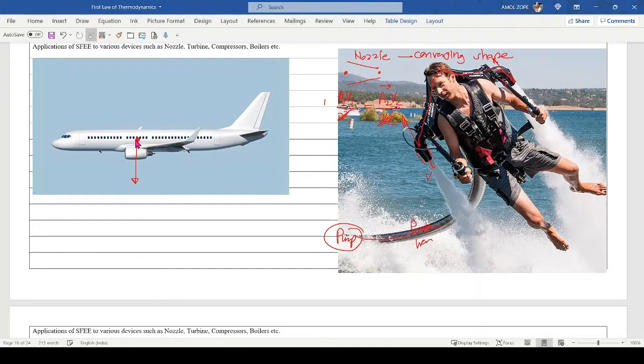Now you want the aircraft to move from one place to another place. So as the aircraft moves ahead, the air will try to resist. So there is a resistive force on the right hand side direction. This resistive force is called drag.